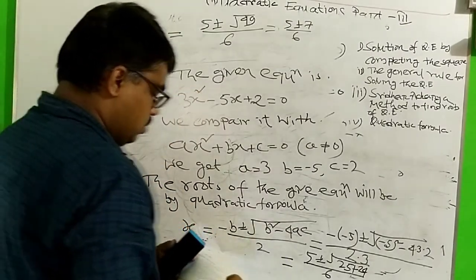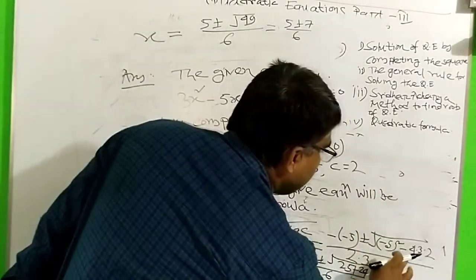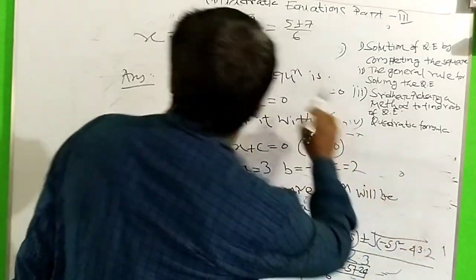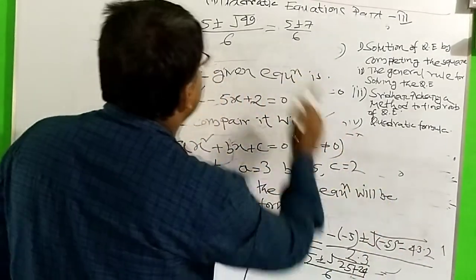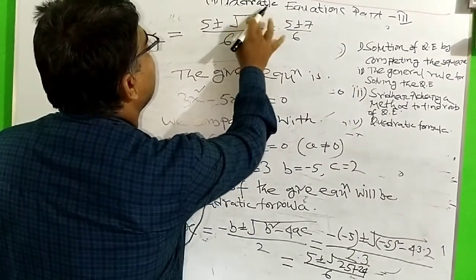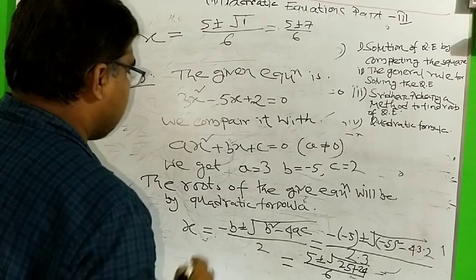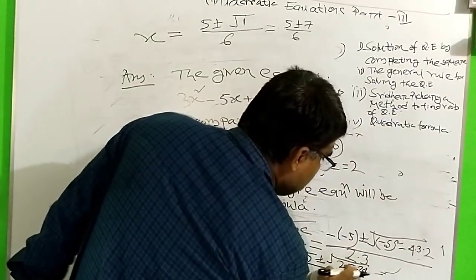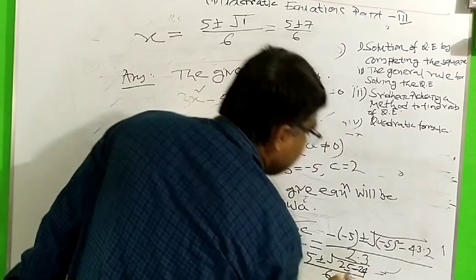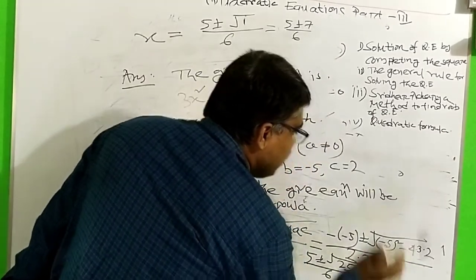That is 4 into 3, 24, 25 minus 24 equal to 1, 5 plus minus root over 1, that is 5. Here the sign is minus, it is an unintentional mistake, here it is minus.